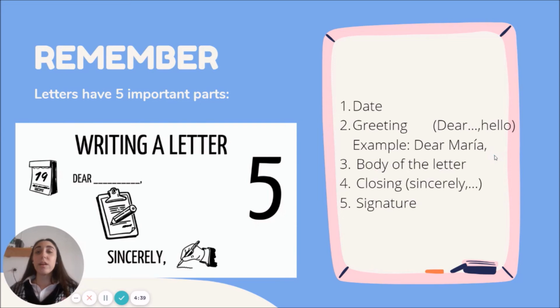Then we have the body of the letter. Like I say, it is where you write the information that you want to tell to the person you're writing to. And then, like she said in the video, it's really important that you write it in order. If you are talking about the holidays you're gonna go to with your family to the Bahamas, imagine, right? I mean, I wish, but so you want to talk about that, right? I'm going on this amazing trip with my family, and we are gonna see this and this, another thing, right?